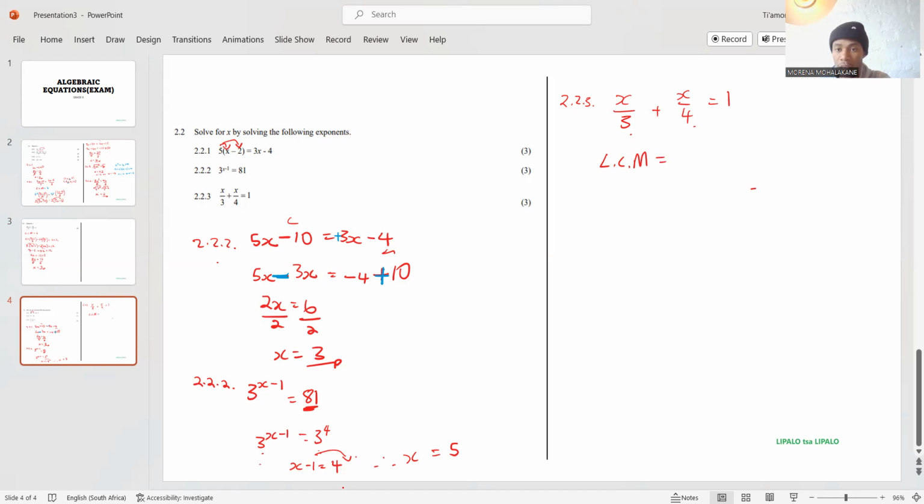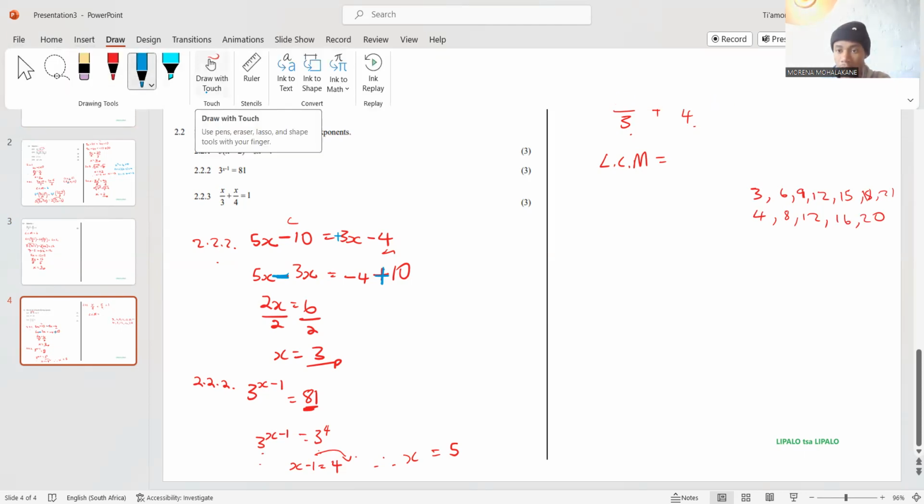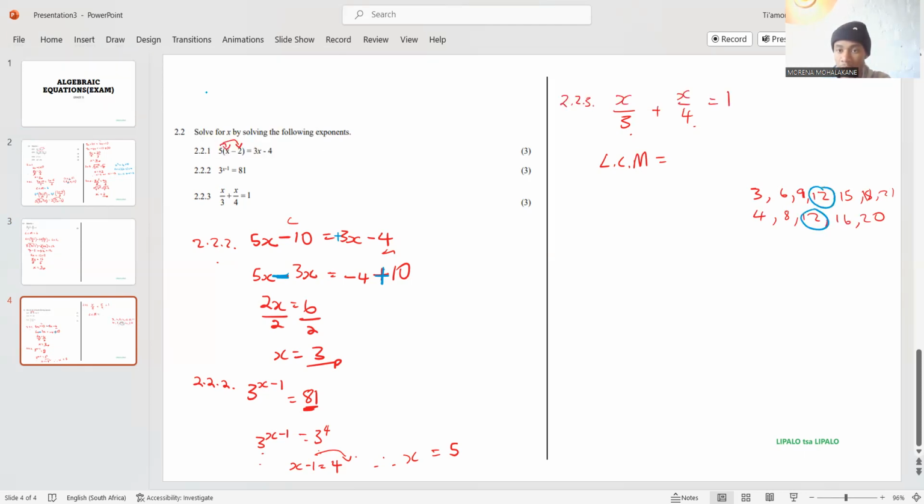We have multiples of 3: 3, 6, 9, 12, 15, 18, 21. Multiples of 4: 4, 8, 12, 16, 20. So the one that appears on both, 12, it's the lowest and it's common, right? So my answer here is 12.